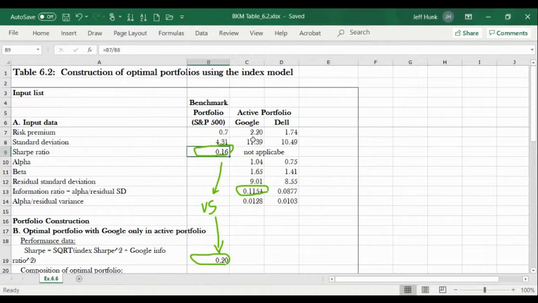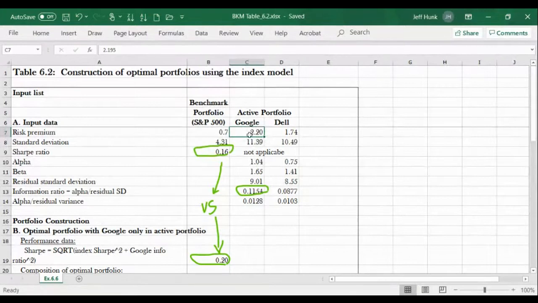Google's risk premium is 2.2, that's Google's alpha basically. It's not alpha. You have to subtract the risk premium of the market, and then you will get it.